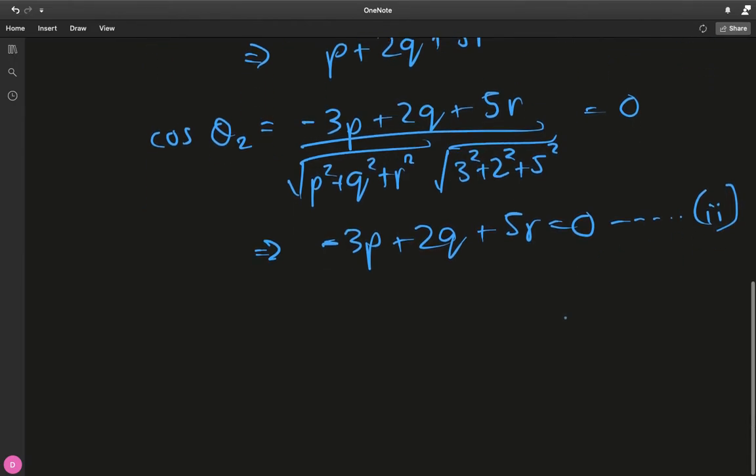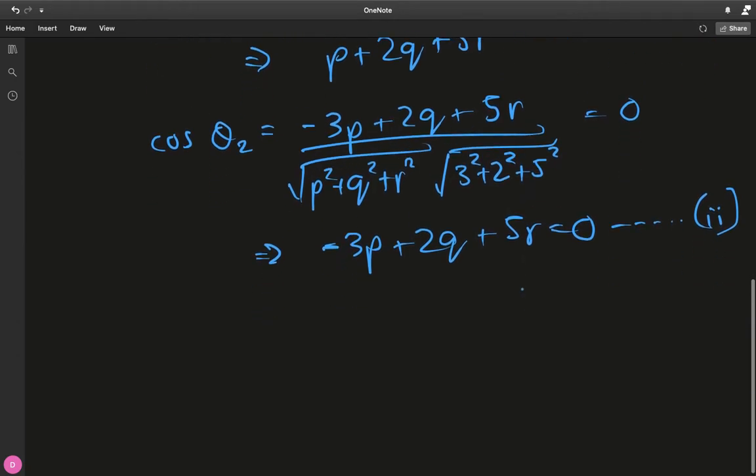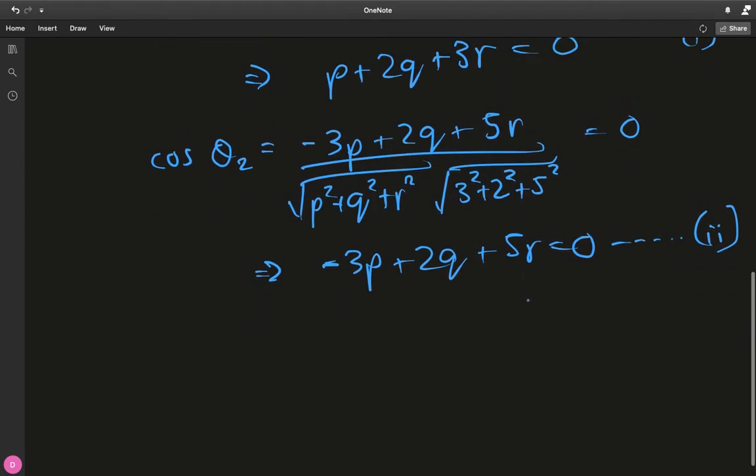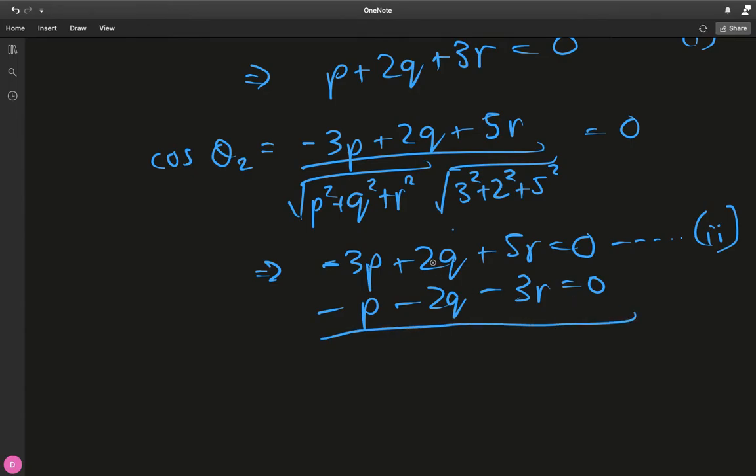So now what we can do is subtract equation 1 from equation 2. We have minus p minus 2q minus 3r being equal to 0. So these two q's cancel out.